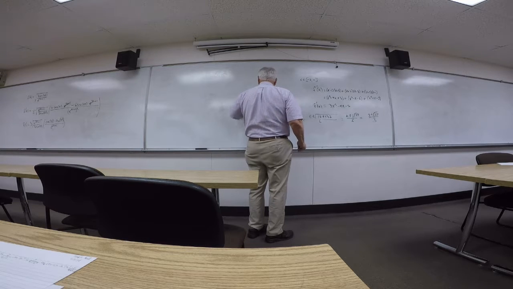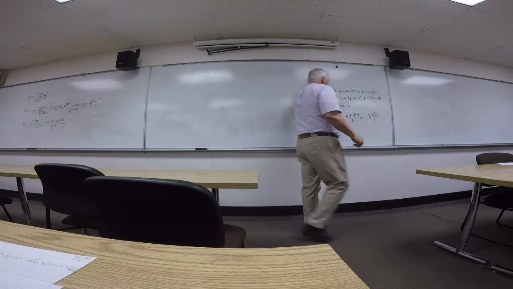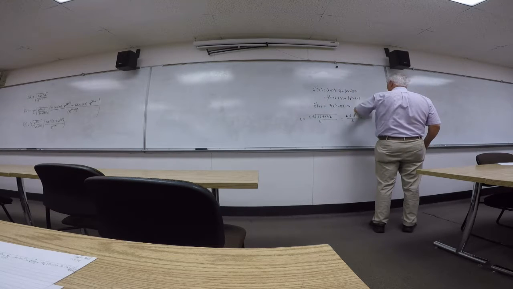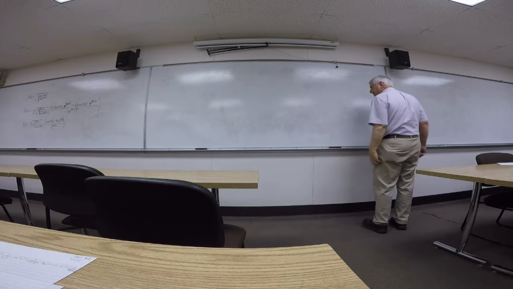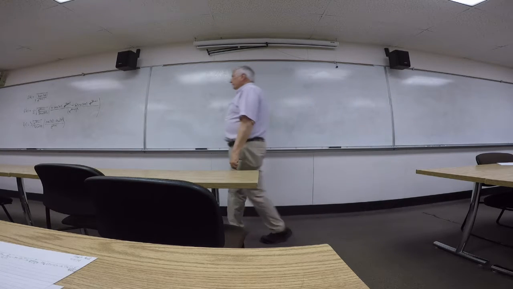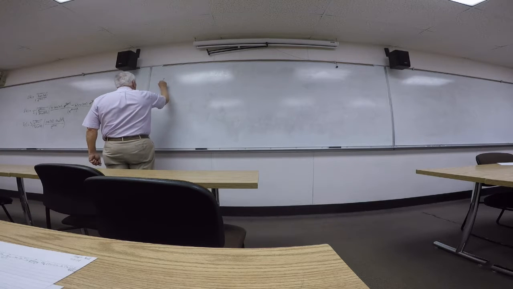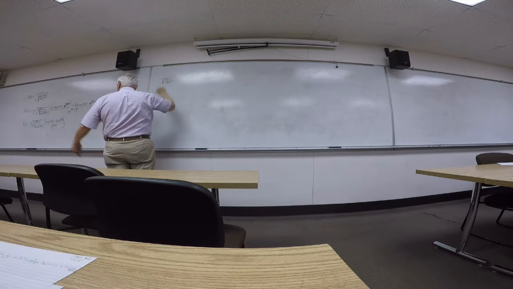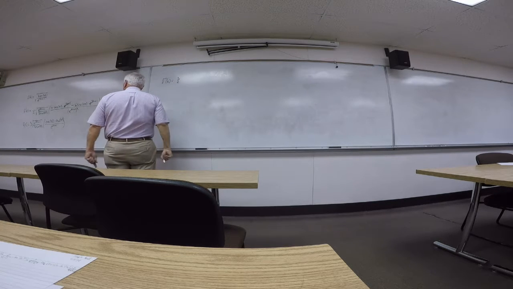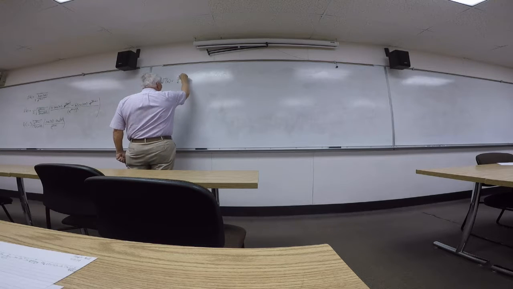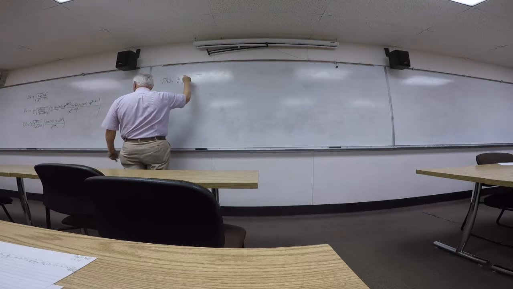f double prime is the derivative of the derivative. So let's see if we do that. f double prime of t: 3 times 1/2 times that thing to the negative 1/2, which turns it back over, 3 sine 2t over e to the 2t plus 1.